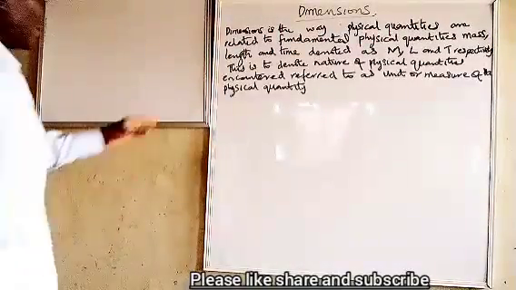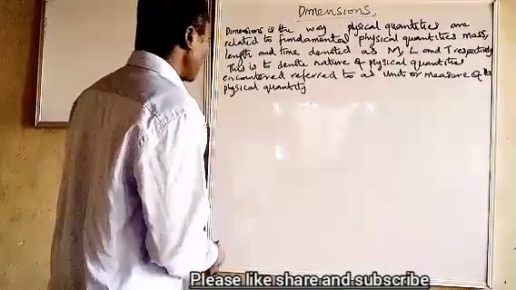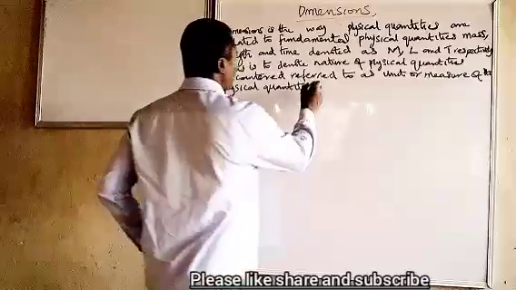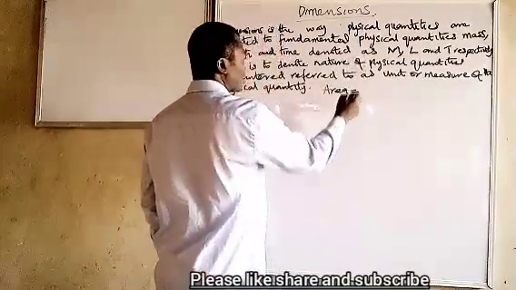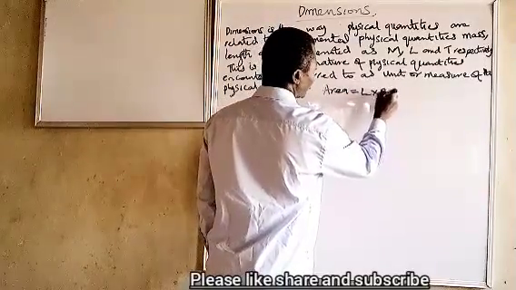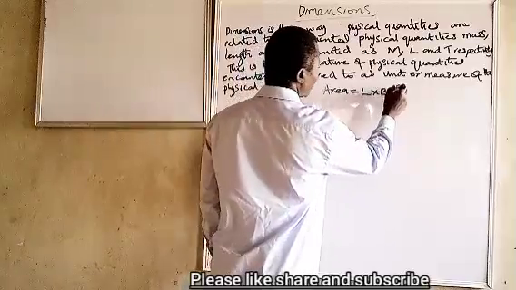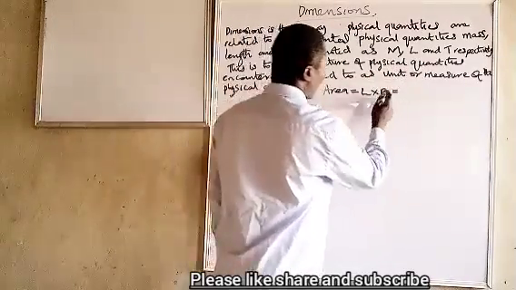Now, this is to denote the nature of physical quantities encountered, referred to as units or measure of the physical quantities. Like when you are talking about area, you talk about length times breadth, and the unit of length is meter, and that of breadth is meter.